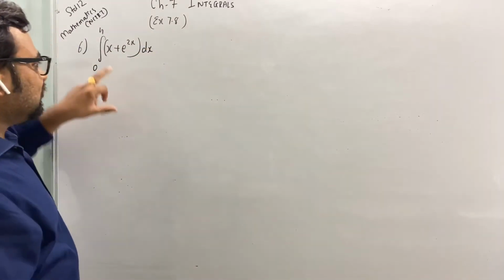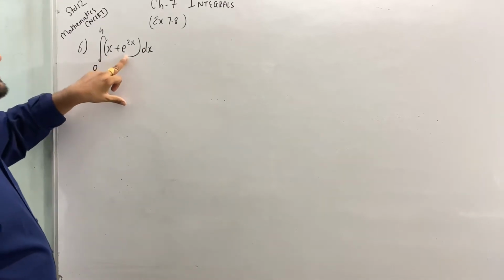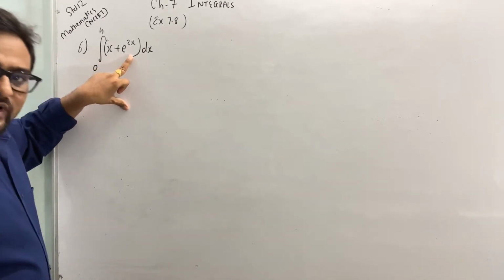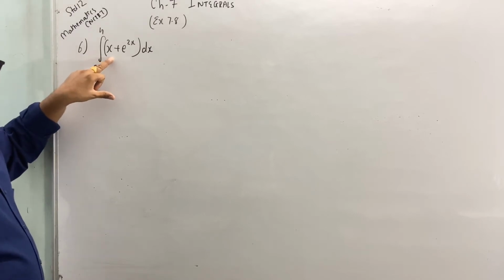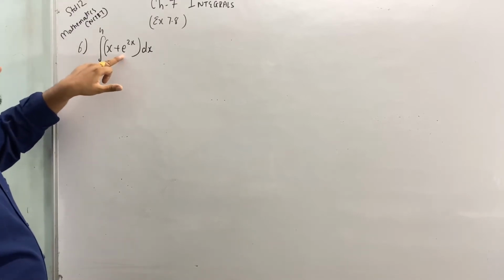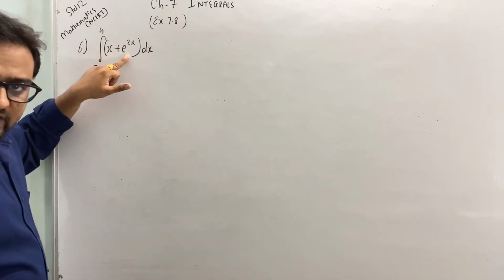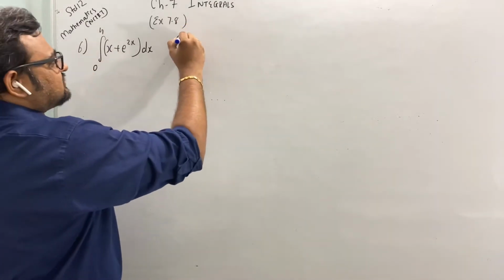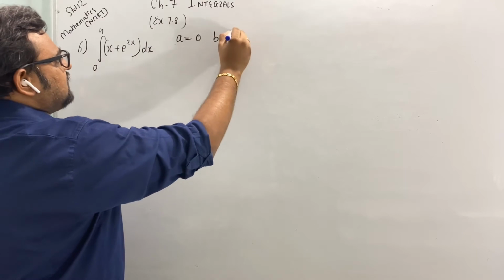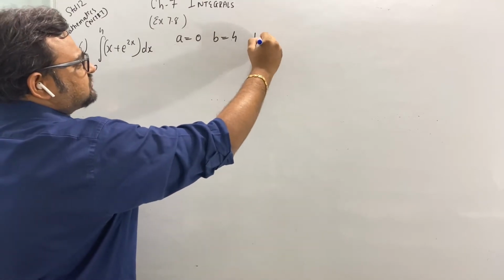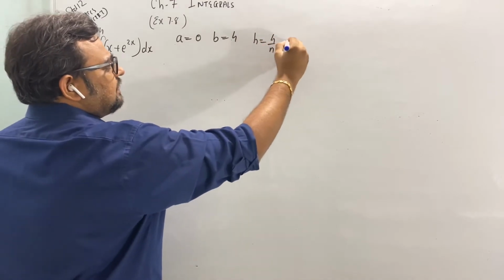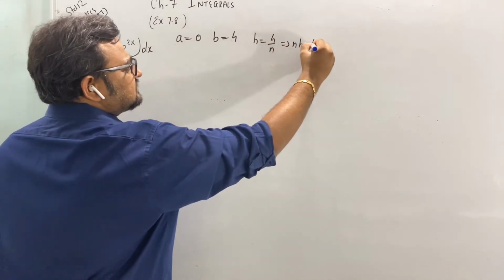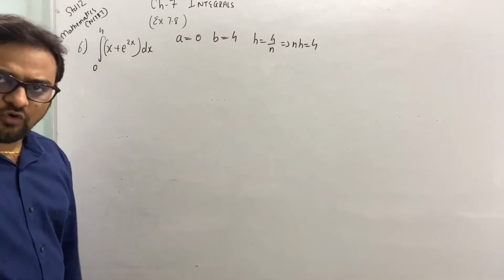Okay, so now there are two parts. One is x, another is e raised to 2x. So this one we will do based on questions 1, 2, 3, 4, and this one we will solve according to question 5. Okay, now first let's see what is a, 0, b, 4, what is h, b minus a, 4 minus 0, 4 by n, that implies nh is equal to 4.